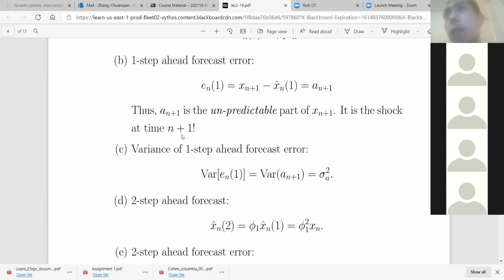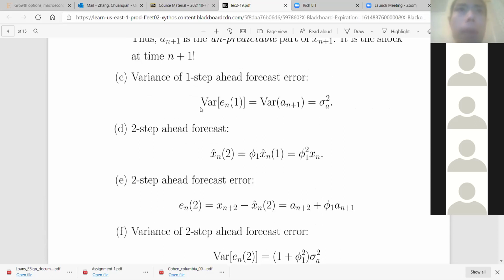Why is it different? Because there's some shock, which could be from the news media, the industry, or politics. Whatever it comes from is the so-called shock, and it's unpredictable and random. So in this case, it's unpredictable here.